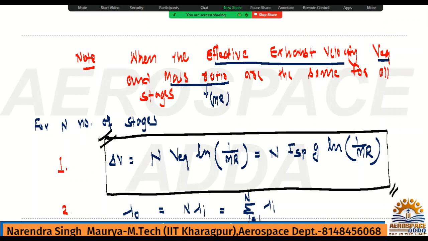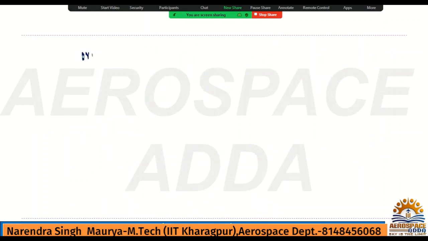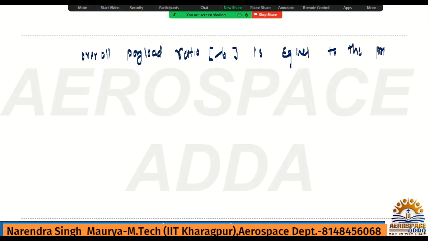So this thing will happen when the effective exhaust velocity and mass ratios are the same, then delta will be this, and your overall payload ratio, which is lambda naught, is equal to the product of all payloads.